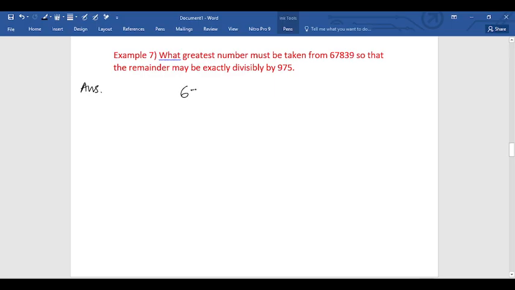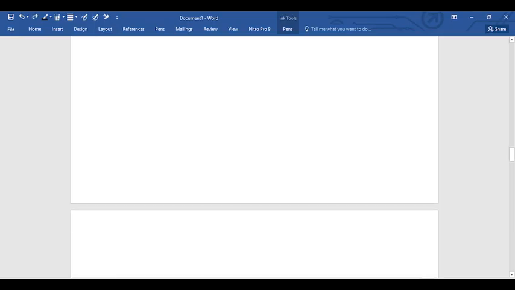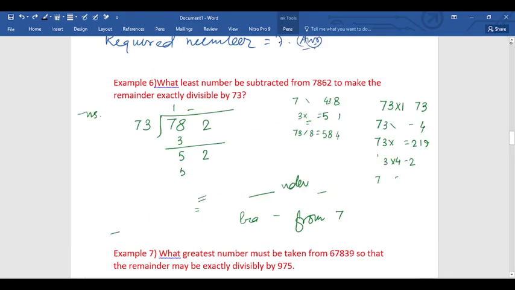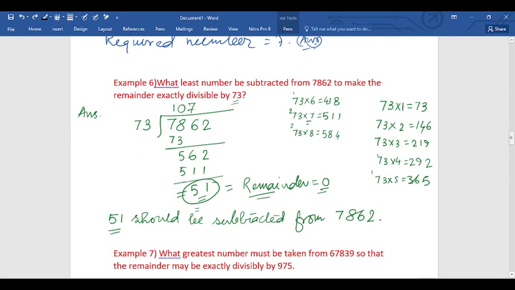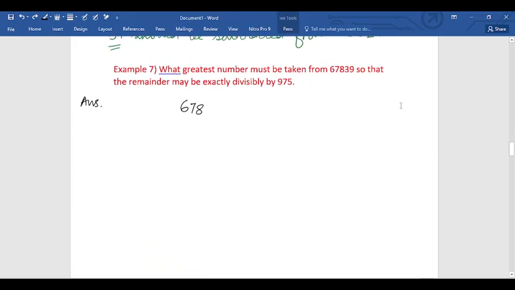Now 67839 is the number. Now what is the greatest number? There it was the lowest, and here the greatest number must be taken from this so that the remainder may be exactly divisible by 975.